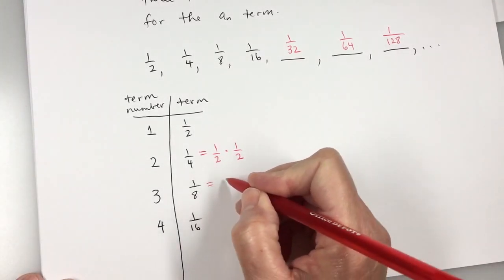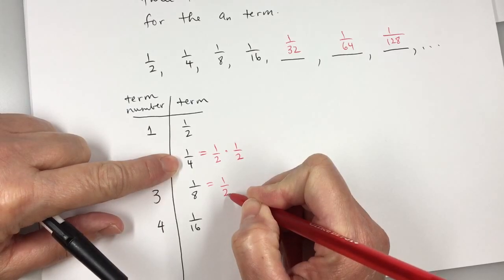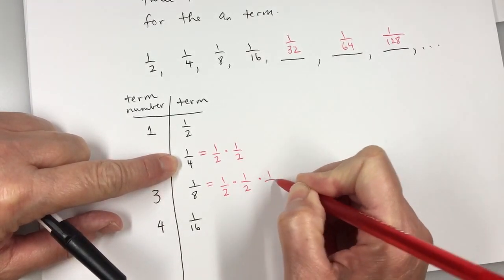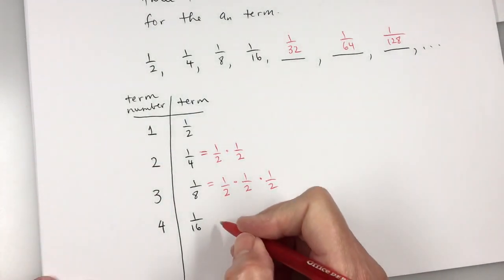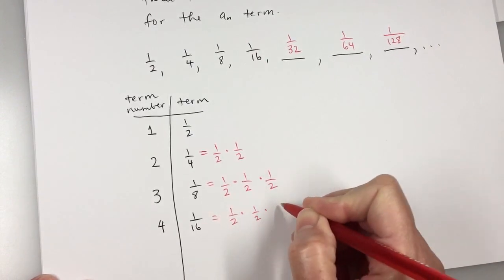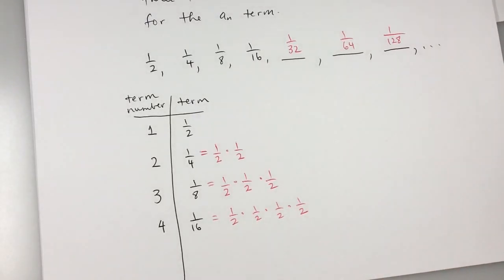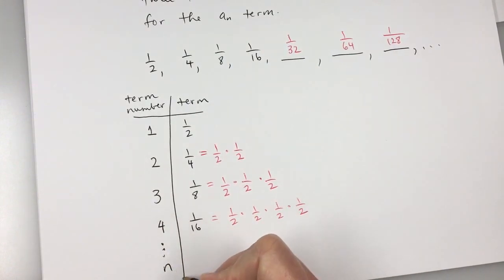I think so. 1/8 is the previous term, which was 1/4, which was 1/2 times 1/2, and then times 1/2 again to get 1/8. And then 1/16 is 1/2 times 1/2 times 1/2 times 1/2. How does this relate to the term number?